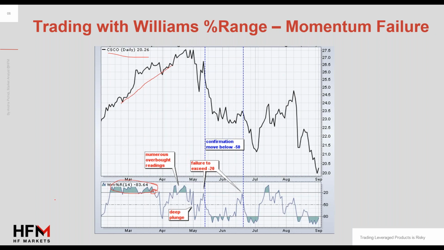So here as well, you see, overbought. A lot of consolidation followed. It managed to extend, didn't manage though to breach the -20, extended lower and went back to the oversold condition.